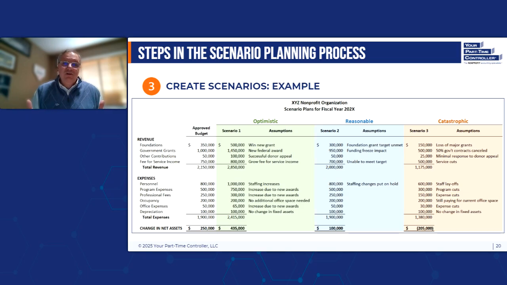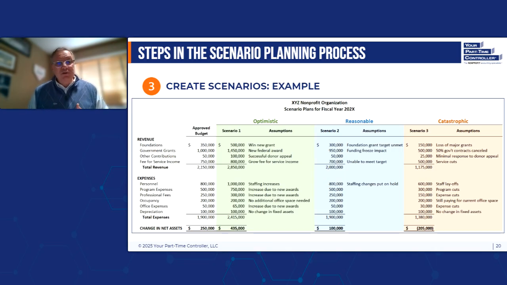But this is an Excel spreadsheet that shows a scenario plan with 3 different scenario options. So what you see here in the first column is you have an approved budget, and that shows a change in net assets of positive $250,000. Again, you can budget for surpluses and have reserves built up.